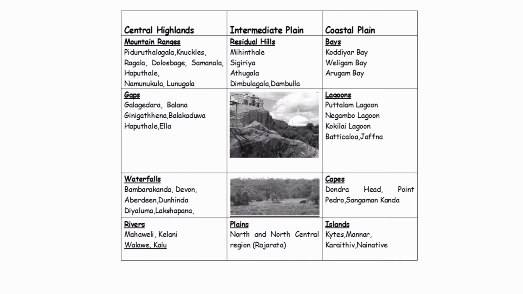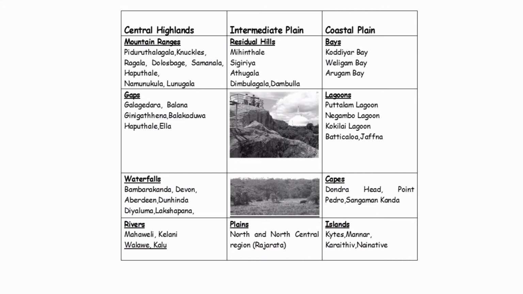Now let's look at the coastal plain of Sri Lanka. In this coastal plain also we can identify different types of relief features. Bays: Koddiyar Bay, Veligama Bay, Arugam Bay.